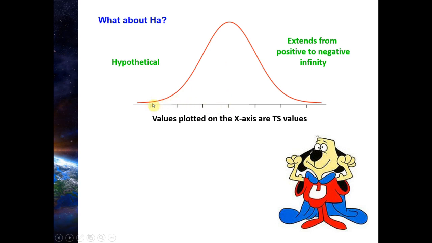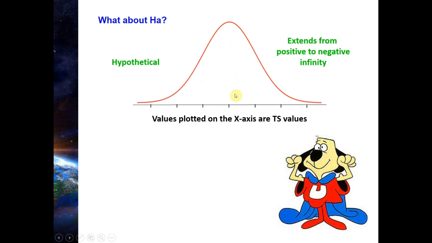And similarly, if we get values of HA that are either in this tail or that tail, well, these TS values could, in theory, belong to HA, but they probably don't. And if they probably don't, that means that, well, maybe it's because they actually belong on HO.